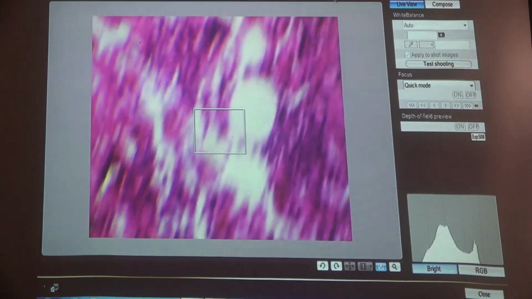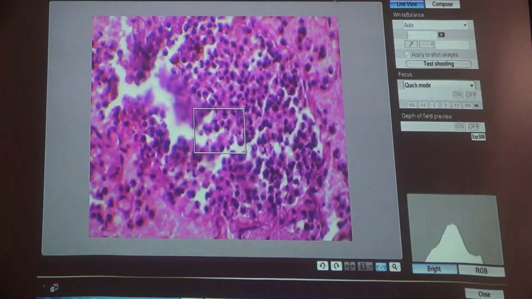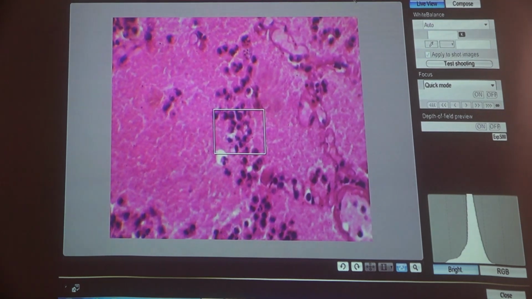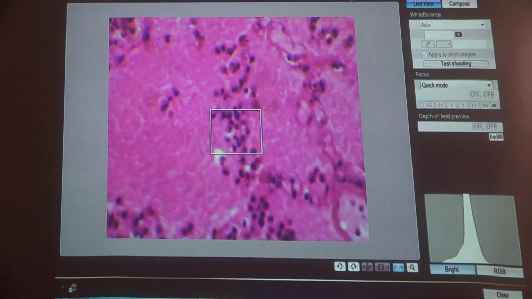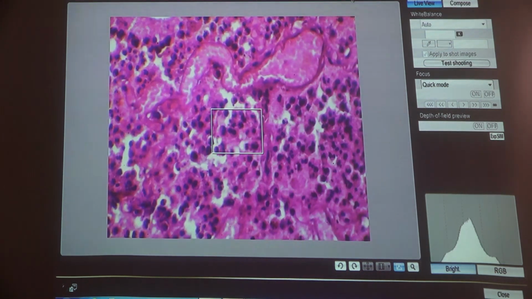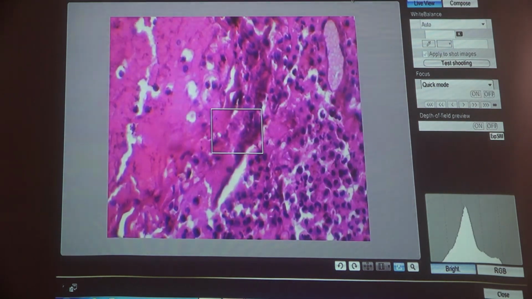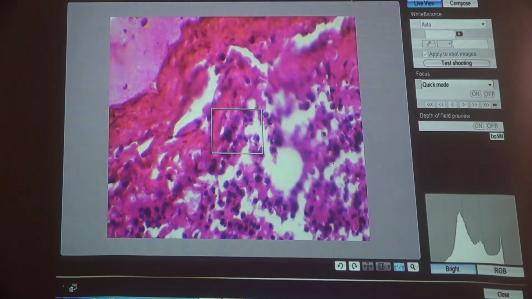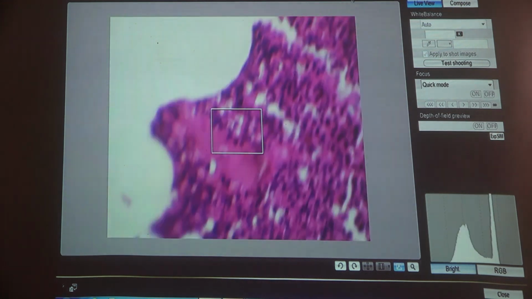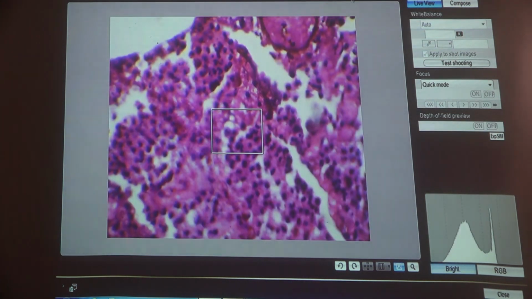This is an early stage of lobar pneumonia, which is called red hepatization of the lung. Fluid, acute inflammatory cells, marked congestion, and heavy infiltration of inflammatory cells, mainly neutrophils.